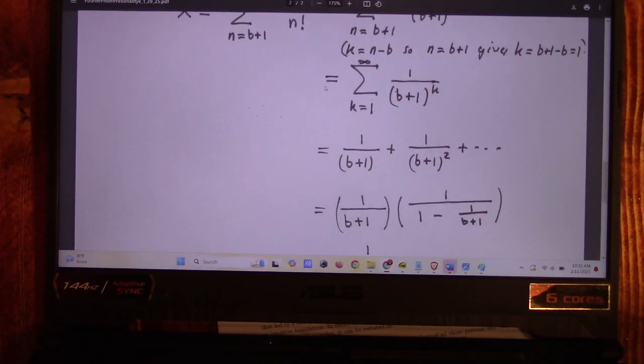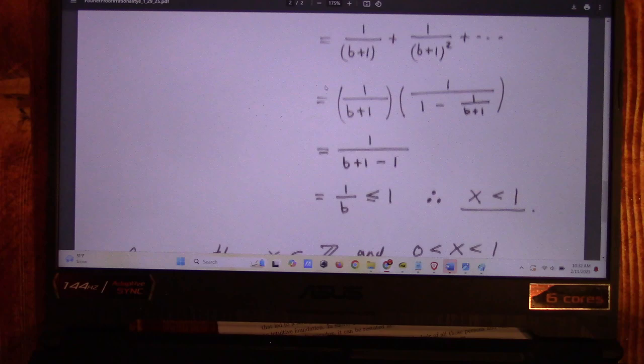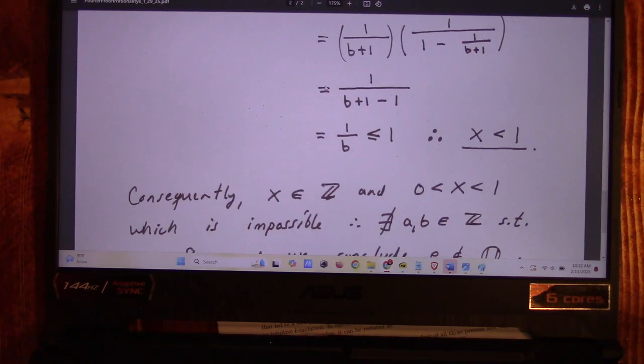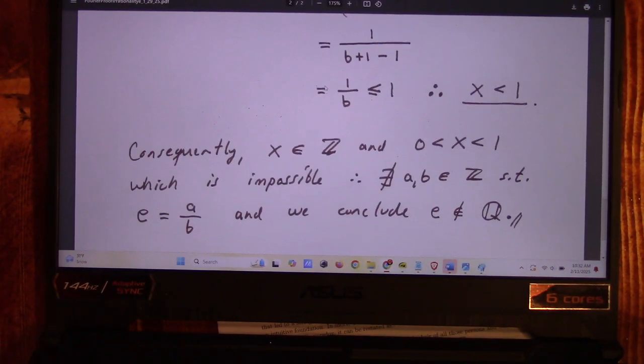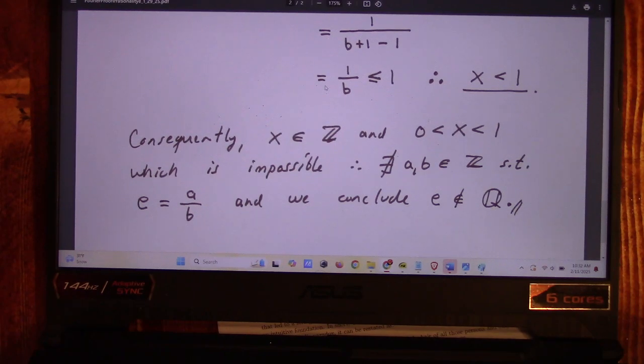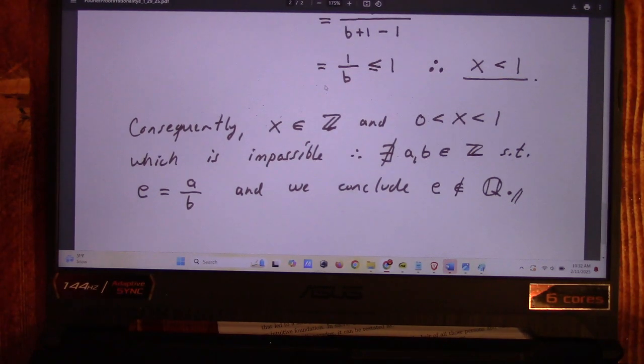So we have x as an integer which is between 0 and 1, but there is no such number. Therefore, there do not exist a and b for which e is a over b. So we conclude that e is in fact not a rational number. So there you go, a slow, as slow as I can go, proof that e is irrational.